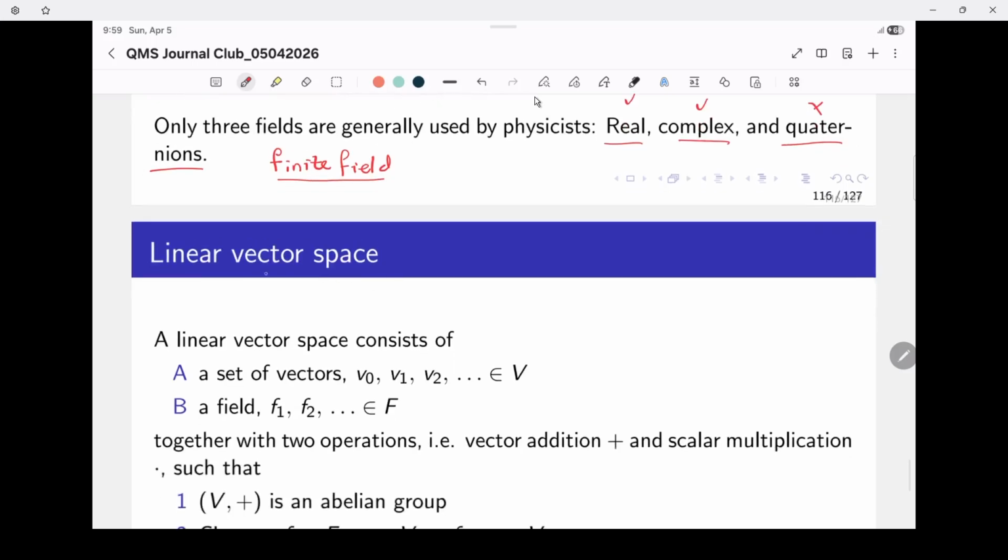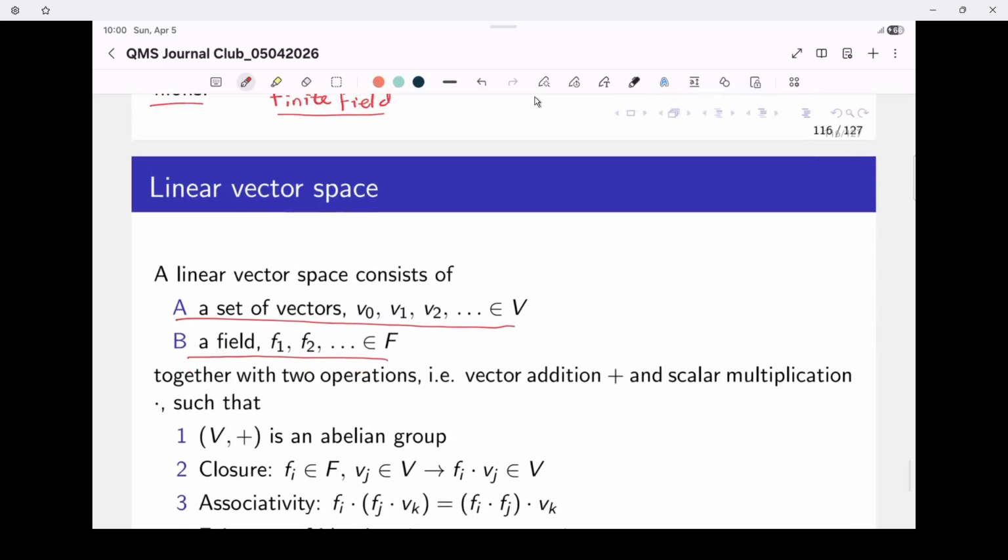So then what is a linear space, or vector space? For a linear vector space, you have a set of vectors. Now you have two things in one. You need to specify your vectors and you need to specify the field going over your vector space.